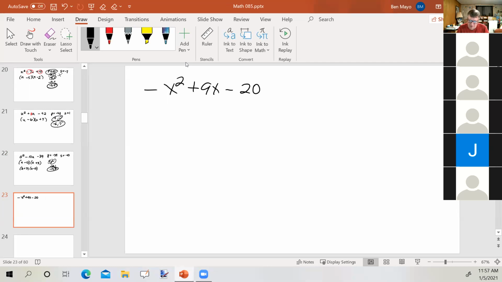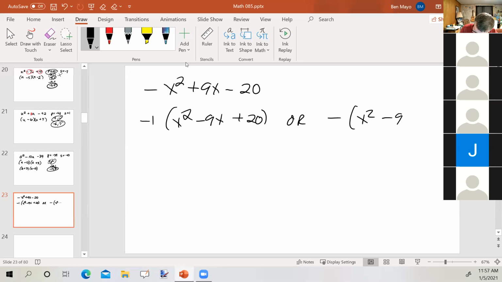However, there's not really any greatest common factor other than a 1, but the leading coefficient is negative, and it's much easier to factor something when the leading coefficient is positive. So the first thing we're going to do is factor out a negative 1. I can either put a negative 1 out there or just a negative sign. So I could write it that way, or I could have written it like this. Okay, either way.